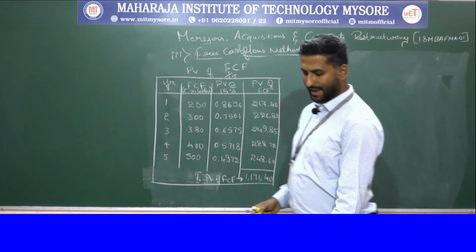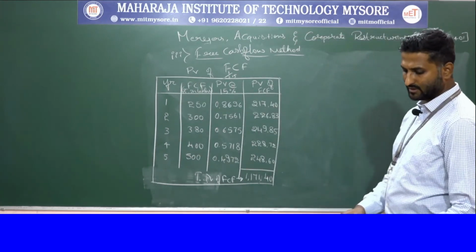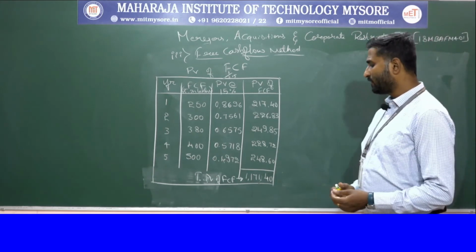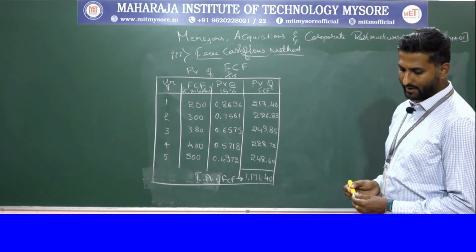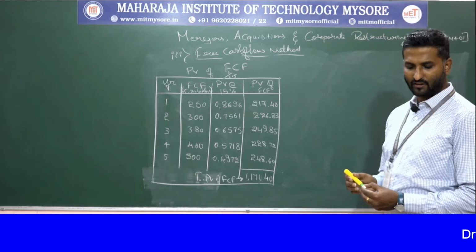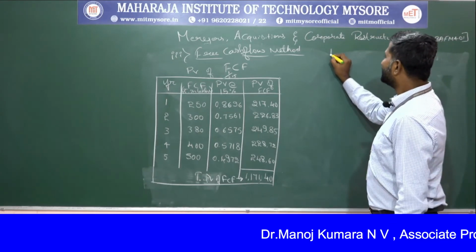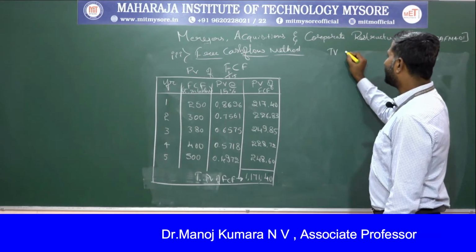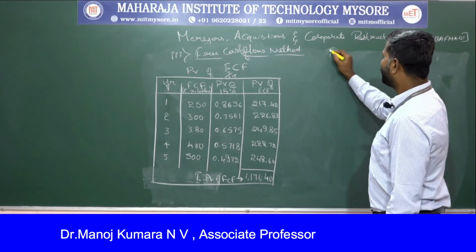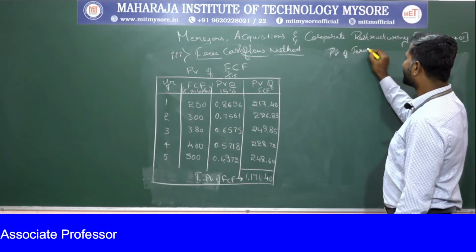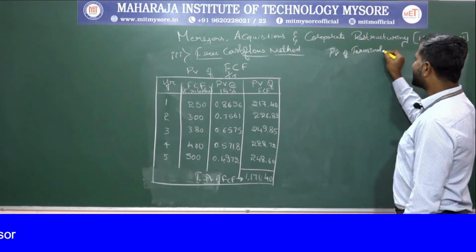Once you have calculated the total present value of free cash flows, then we are going to calculate beyond the forecasted period. So we need to calculate the terminal value, the present value of terminal value.